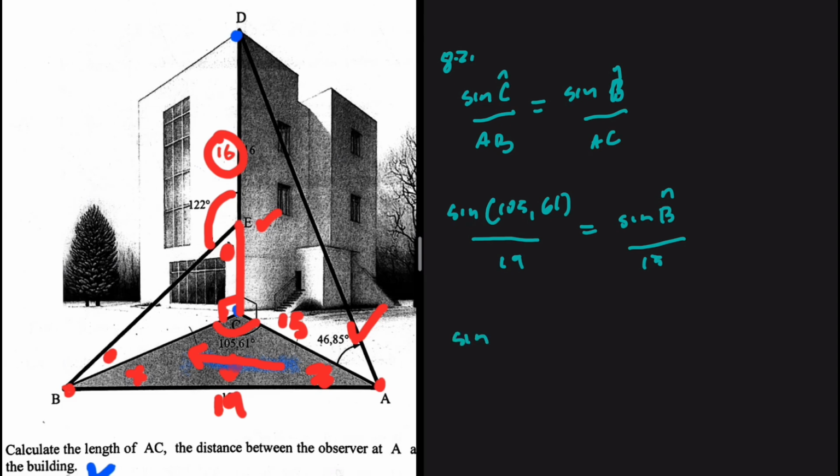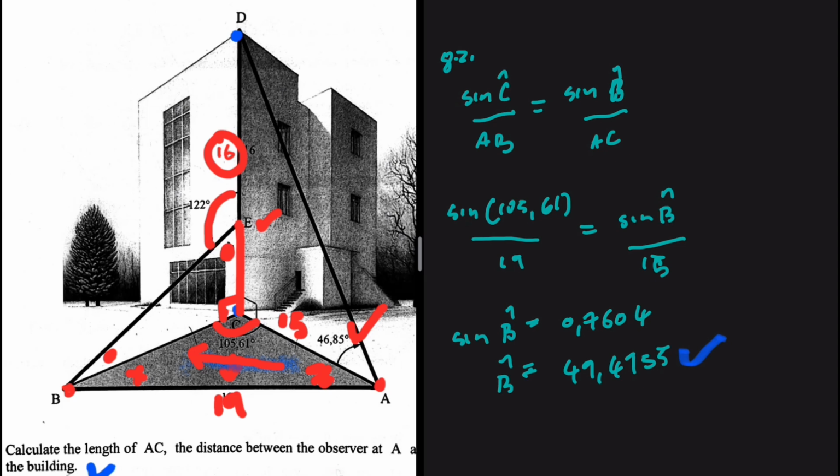So sine of B is equal to 15 multiplied by sine of 105.61 divided by 19. Then I'm getting sine of B equal to 0.7604. So B is equal to, let me take sine inverse here, angle B equal to 49.4955. So this is the size of angle B.